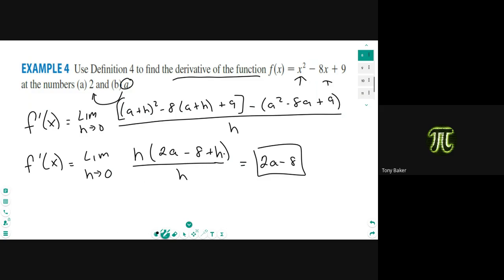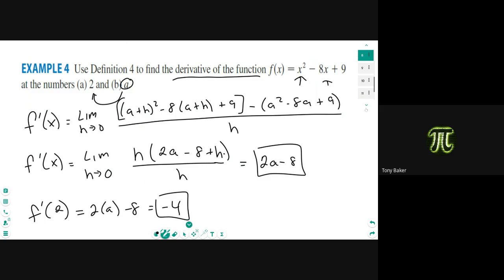If we plugged 2 into that, f prime of 2 would be 2 times 2 minus 8, which is negative 4. Yes, those probably should have been a's, but we didn't go to a.